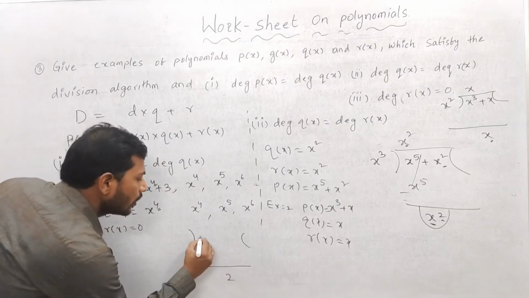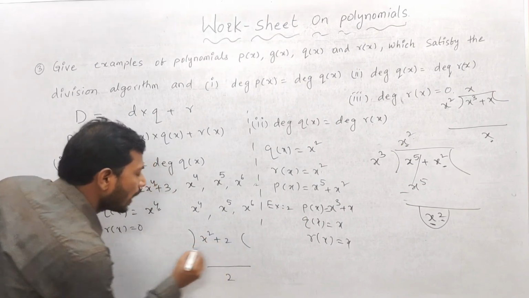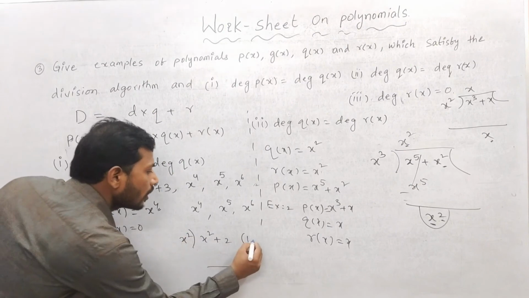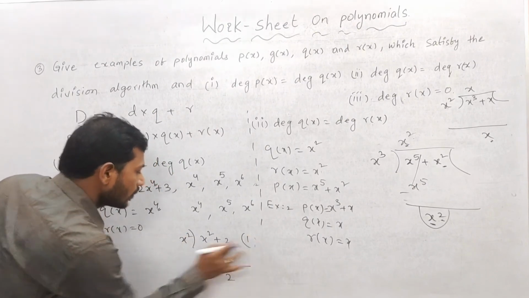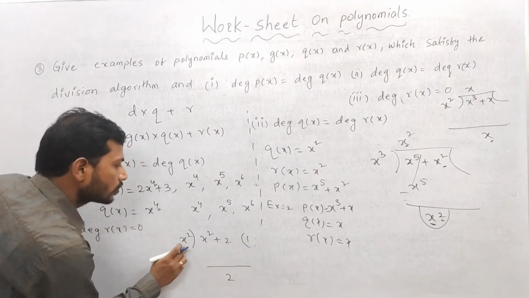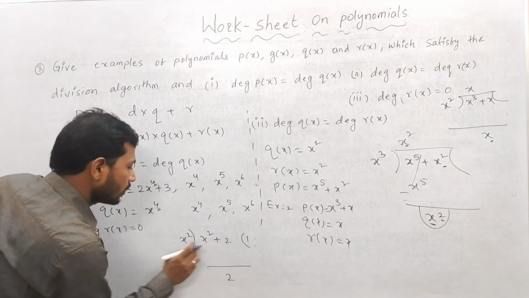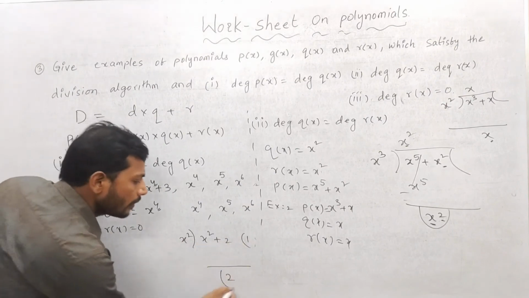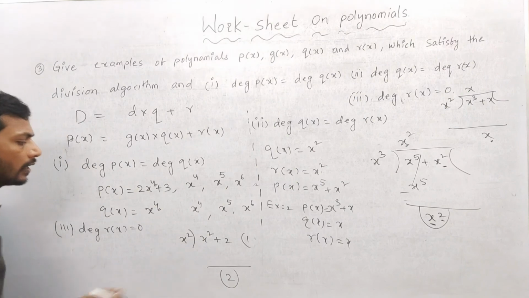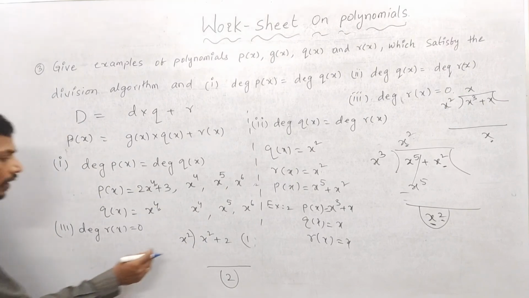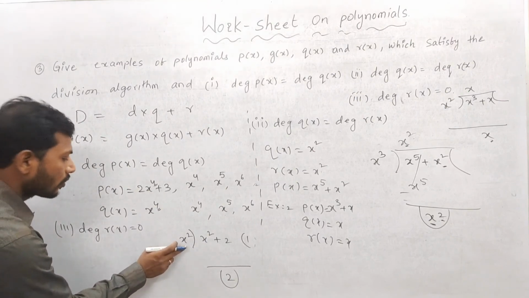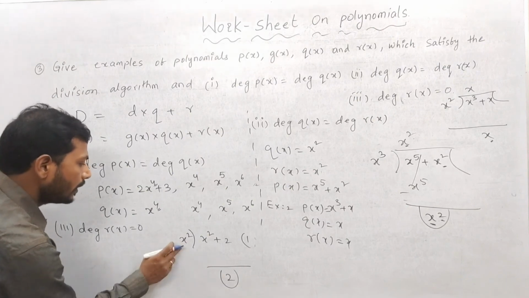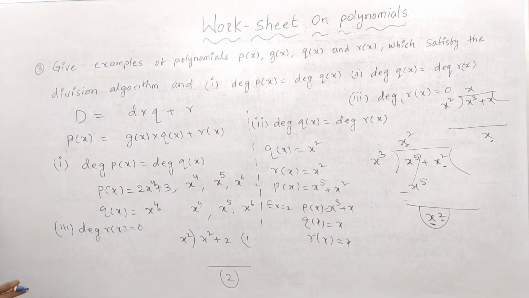Here I am writing x square plus 2. I am dividing with x square. 1 plus x square, 1 is x square. x square into nothing is there here. Then you are going to get the remainder 2 only.